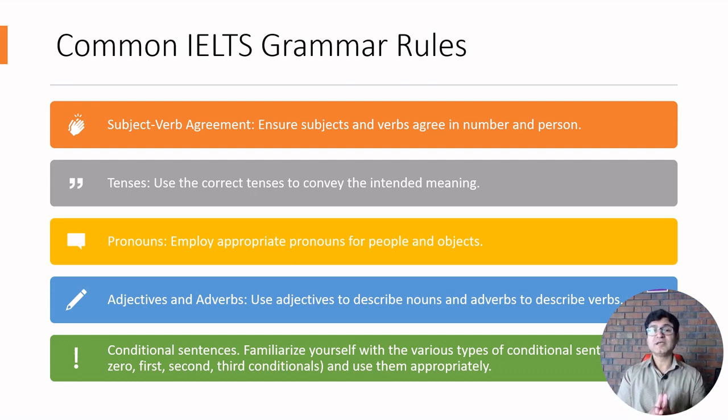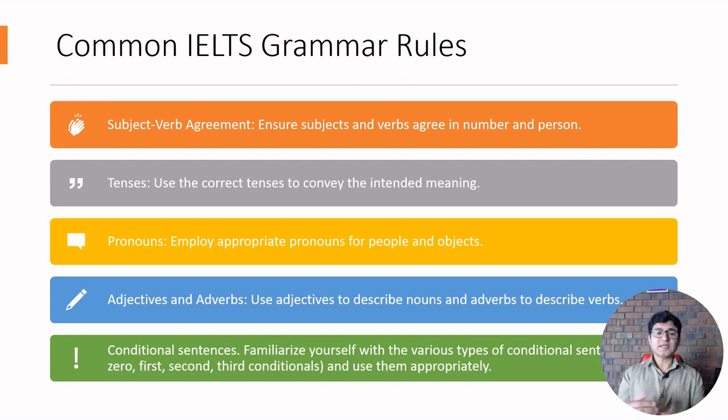Or similarly, one common mistake we normally make is one of my friends are coming. So you are talking about one friend, so one of my friends is coming. So you need to learn how subject and verbs agree in numbers and person.